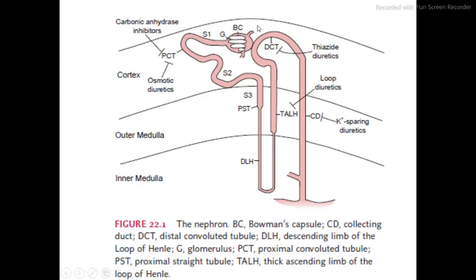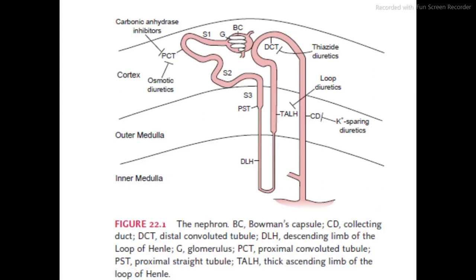So this phase, the proximal convoluted tubule, from S1 to S2, absorbs some ions. Which ions? Around 50 to 60% sodium, glucose, phosphate, amino acid and bicarbonate reabsorption takes place.